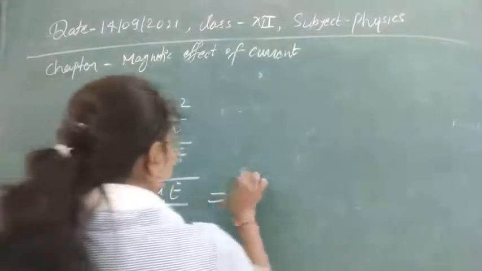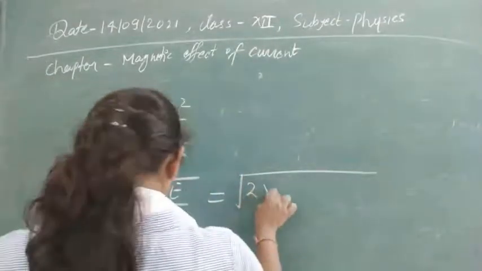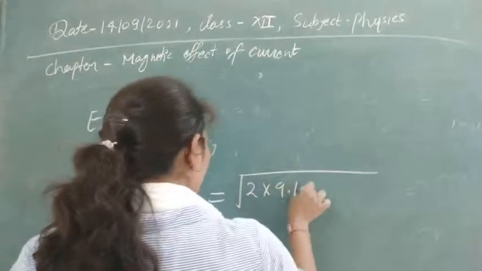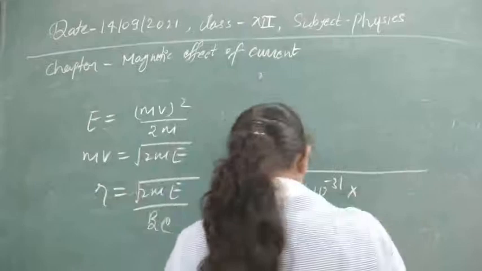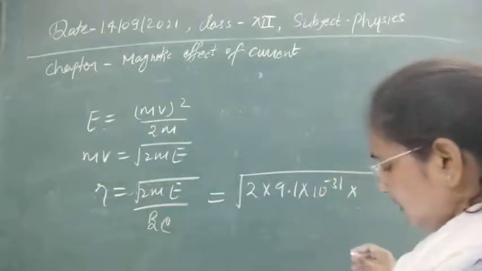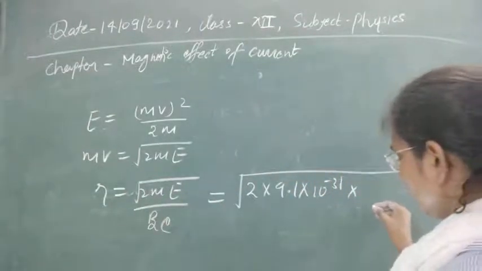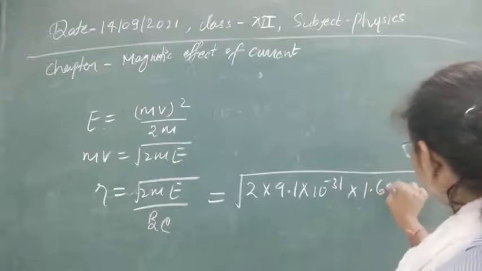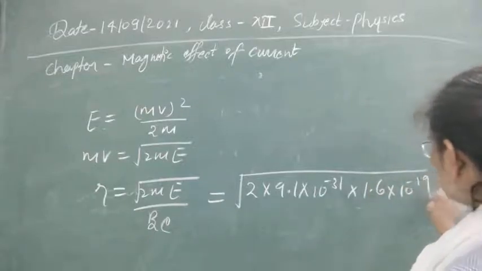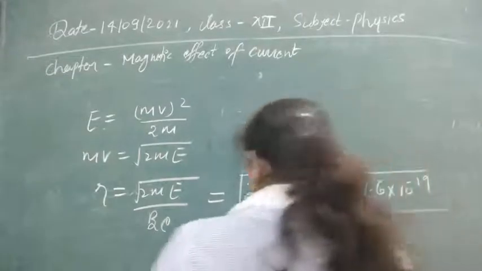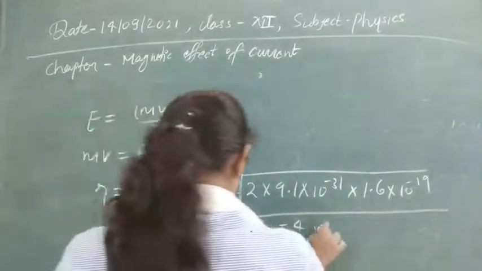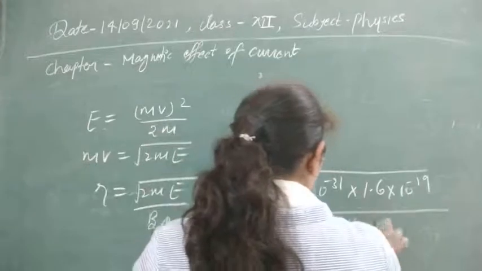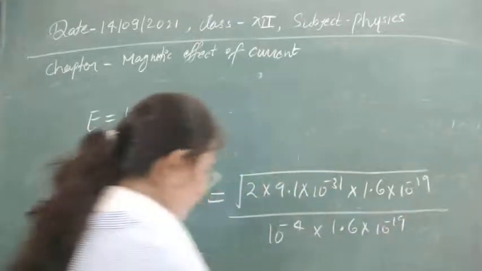So let's write down the values now. We have 2, and electron mass is 9.1 into 10 power minus 31 kg, and the electron energy is given as 10 electron volt, that is 1.6 into 10 power minus 19 joule each, divided by e, that is 1.6 into 10 power minus 19, and B, that is 10 power minus 4.